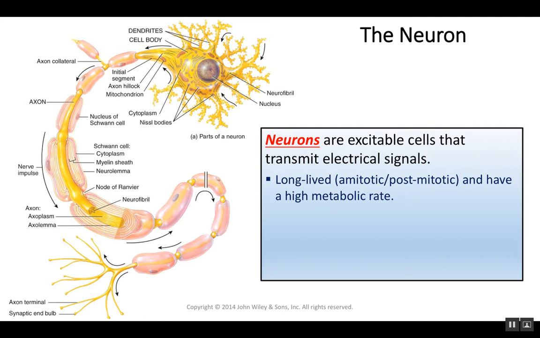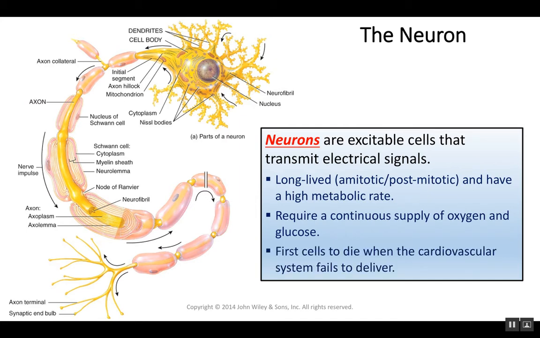It gets a lot of your energy supplies. So it requires a continuous supply of oxygen and glucose, and therefore, if you have a compromised cardiovascular system whose job is to deliver and supply oxygen and glucose, typically your brain is the first one to feel the effects of low oxygen and low blood sugar.